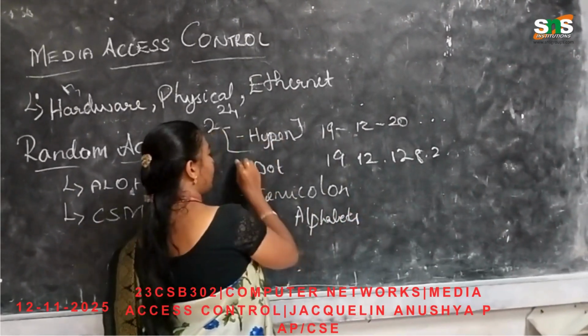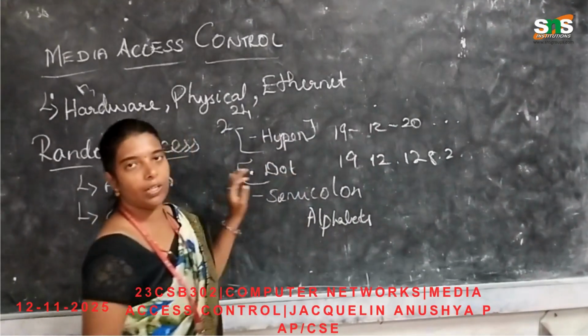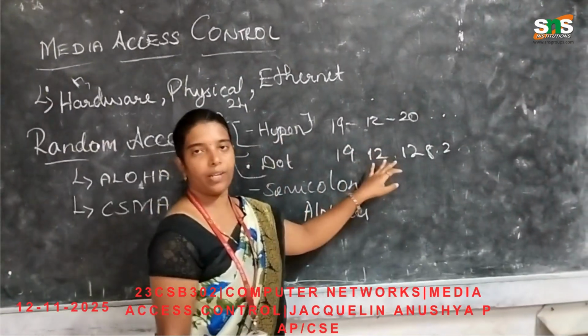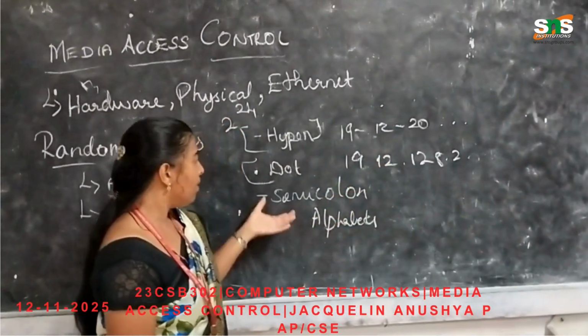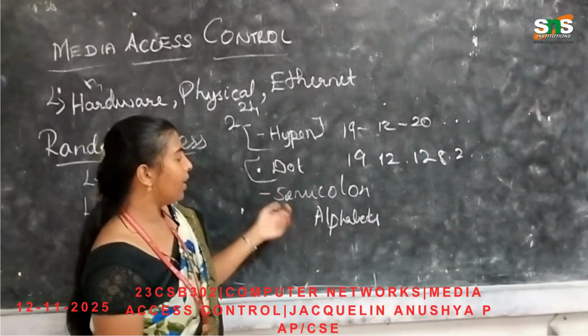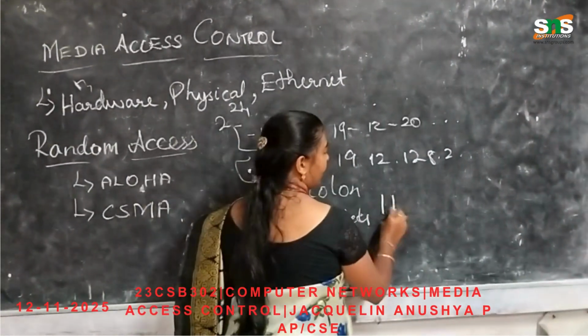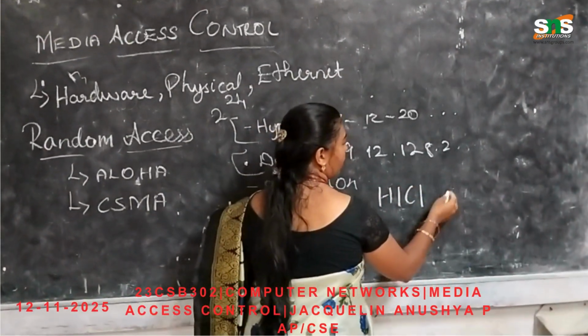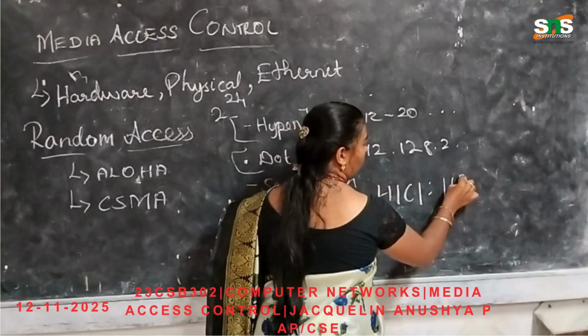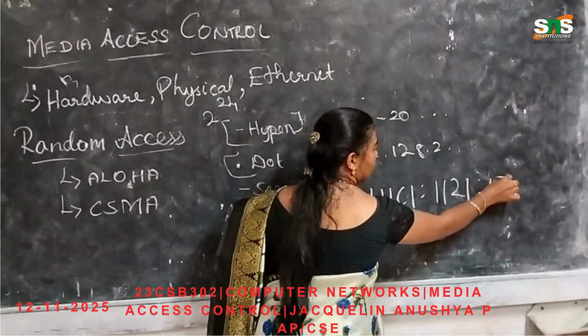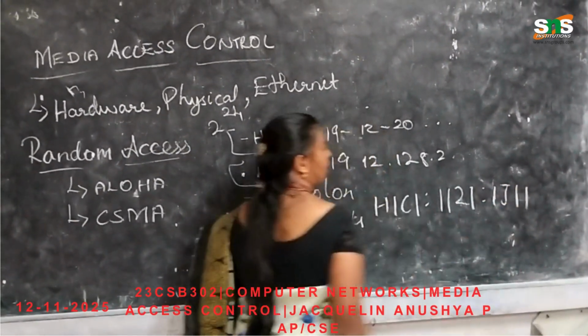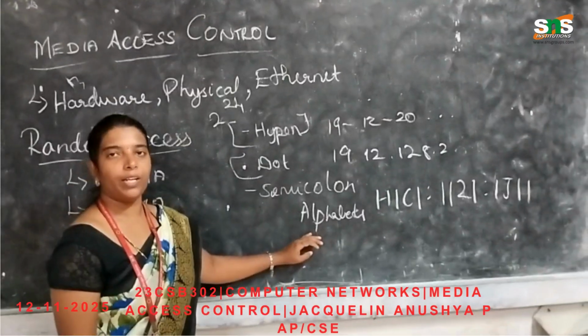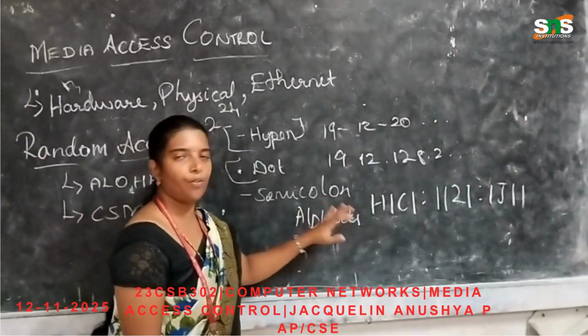In colleges we use these dot IP addresses to allocate or to find systems, whereas with colons we use alphabets such as H1, C1 and so on. It contains 128 bits.